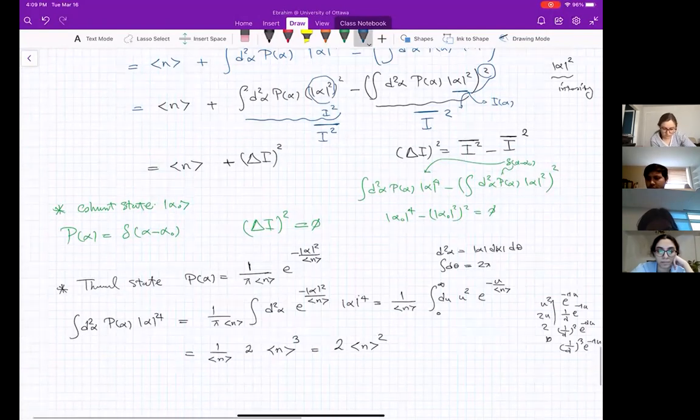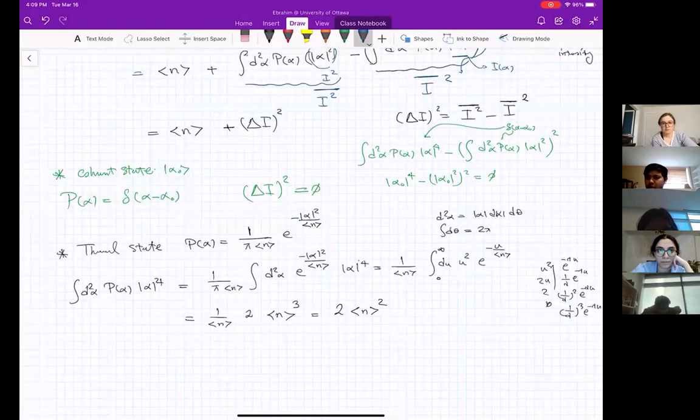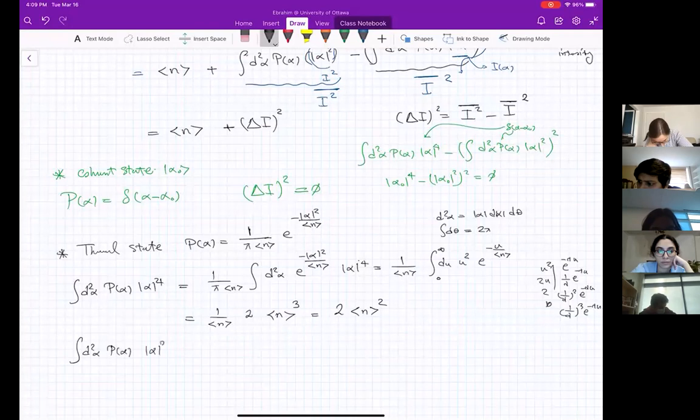All right, so I have that for α⁴. Let's do that calculation also for the integral of d²α P(α) α². The same integral will happen. The only change will be 1 divided by n̄ times the integral of du u e to the power of minus u divided by n̄, which the result will be n̄², and there is no coefficient because it's 1 factorial, so it will be n̄, which is what we expect, of course.